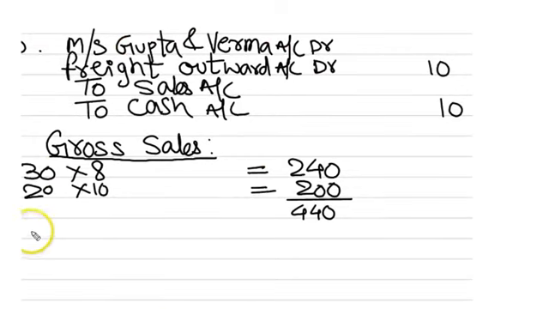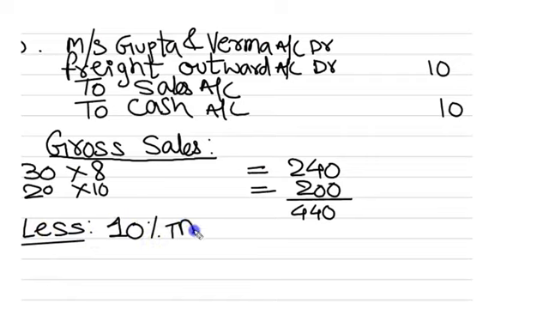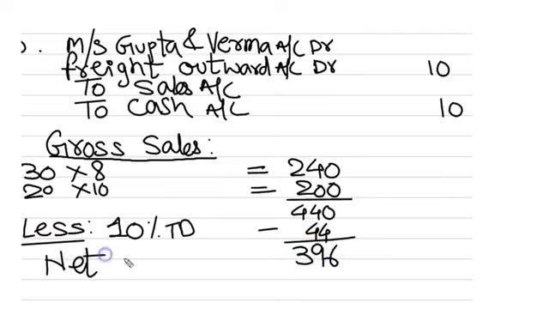So from this I will deduct 10% trade discount. So 10% trade discount will be 44 rupees. Alright, so this works to 396. This will be the amount of net sales. And I have to recover 396 from Gupta, Verma and Company.